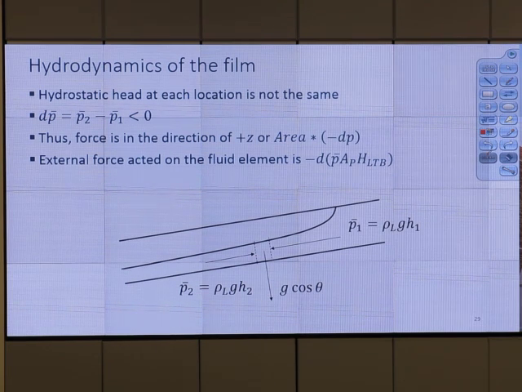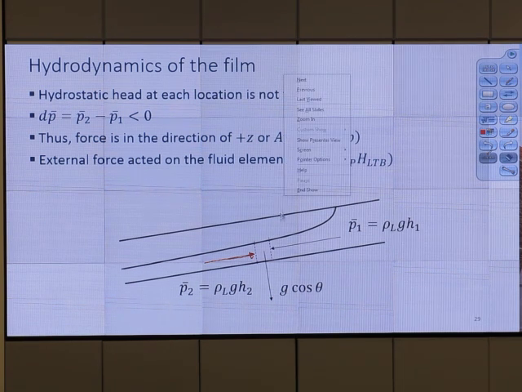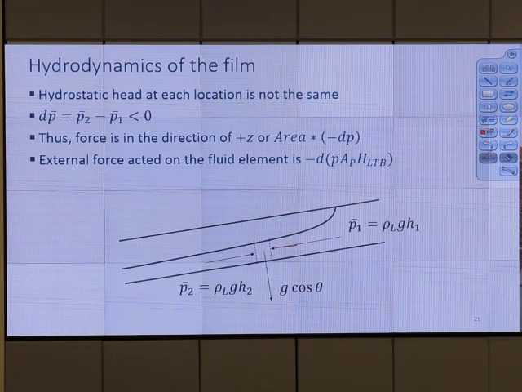So we have force in the direction of plus Z. Force in the direction of plus Z. Oh, the other one, correct. I did it wrong. So force in the direction of plus Z is this one. So that is this pressure, P1 bar, multiplied by cross-section area.